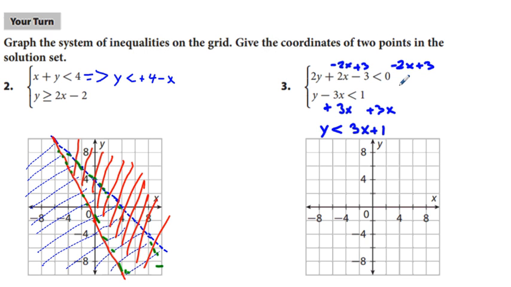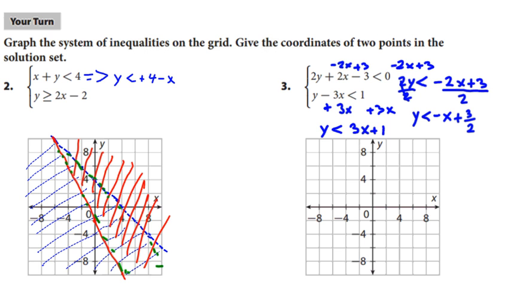So we have 2y is not equal to, but less than negative 2x plus 3, and we divide both sides of the inequality by 2, we get y is less than negative 2 divided by 2 is 1. We get negative x, and then we have plus 3 over 2. It's going to be our y-intercept.